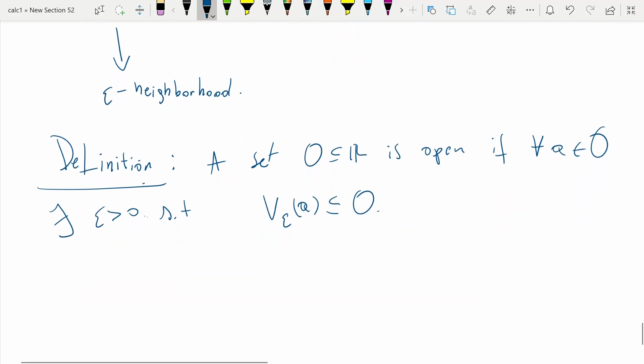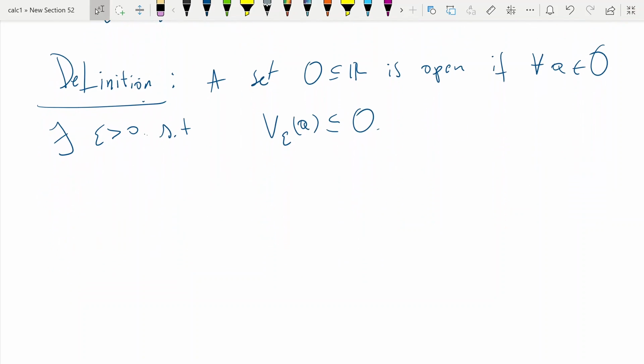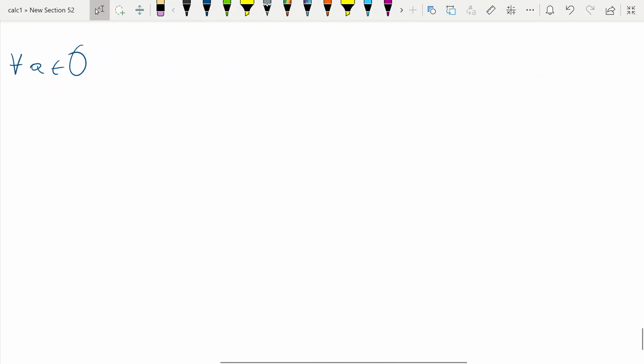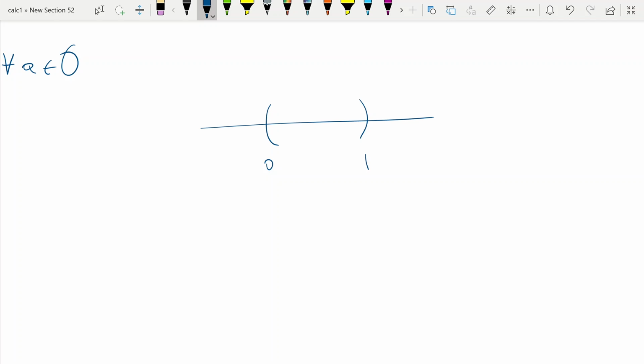You should not think, and this is a bit of a warning, of open sets as just being open intervals. But of course, this is the kind of structure we want to preserve. For instance, consider the open interval (0, 1).